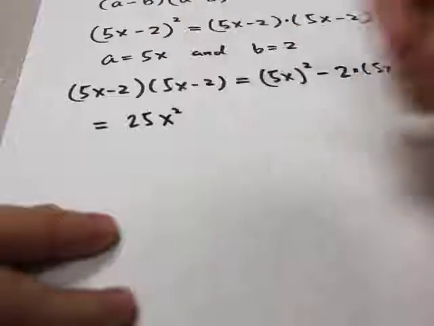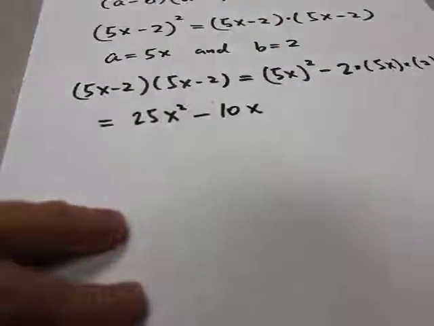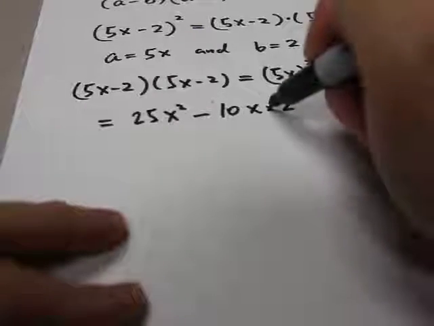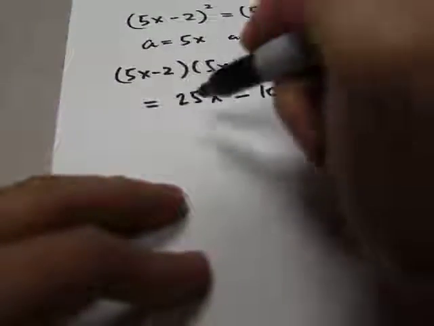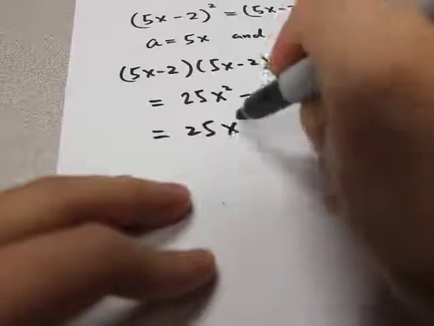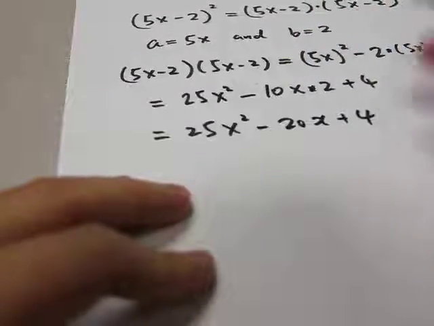So this is 25x squared minus 10x times 2 plus 4. So it's 25x squared minus 20x plus 4.